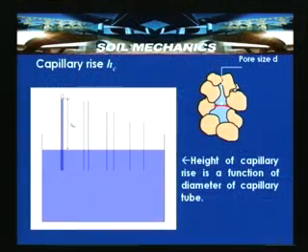Here Hc1 is the capillary rise in tube 1, where D1 is the smallest diameter. Hc2 is the rise obtained for diameter D2, where D2 is larger than D1, and Hc1 is greater than Hc2. That is one thing to keep in mind.